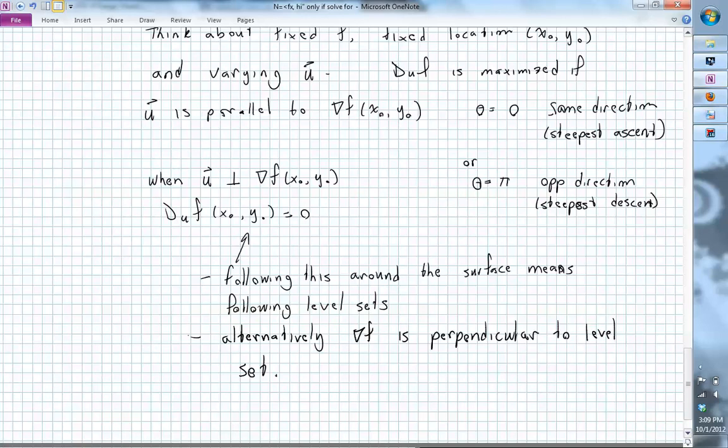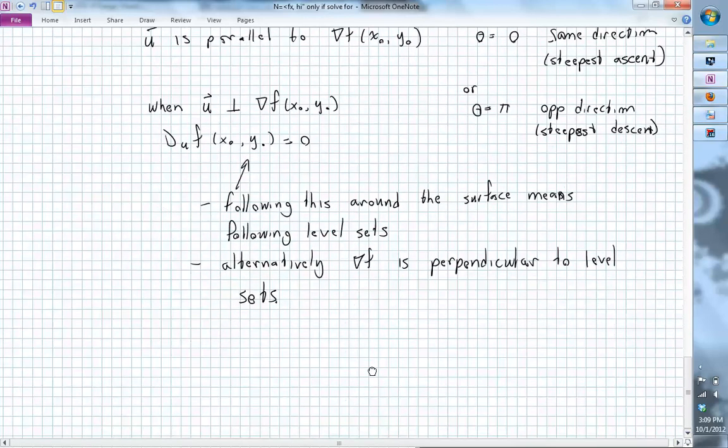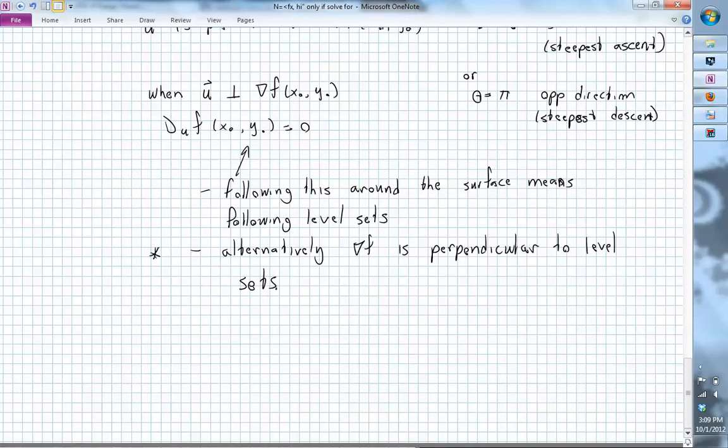So here's the direction of steepest ascent. The level curve going through here is perpendicular. The gradient is perpendicular to level sets. Okay. Definitely the big takeaway is that statement right there.